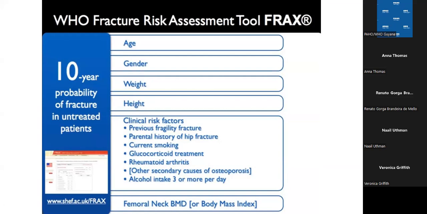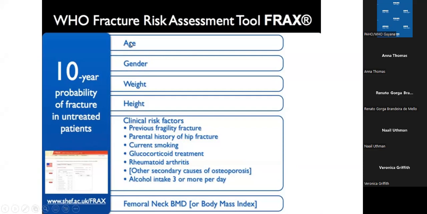So, with that in mind, the WHO proposed a fracture risk assessment tool called FRAX, and you can access it on the internet. It gives a 10-year probability of fracture in untreated patients.